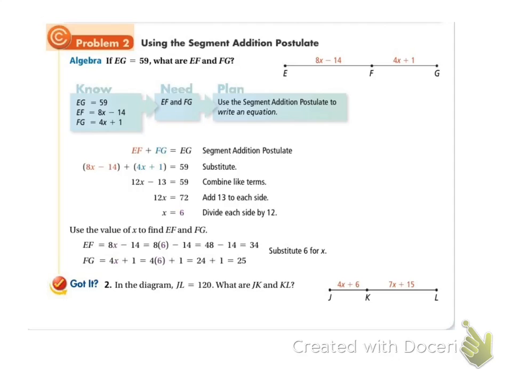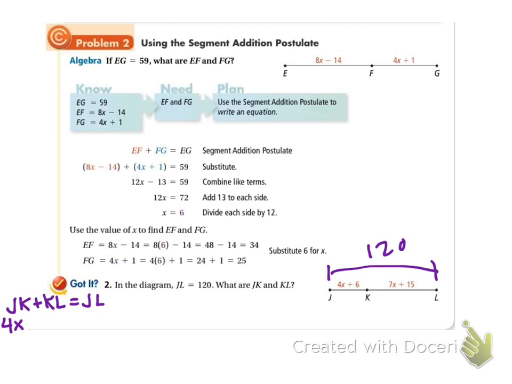So let's try that on our own. Down here we have a diagram, and we're told that JL, this whole thing, is 120. And we need to solve for JK and KL. Okay, so I know JK plus KL is equal to JL. And then I can plug in for JK and KL what their expressions are.